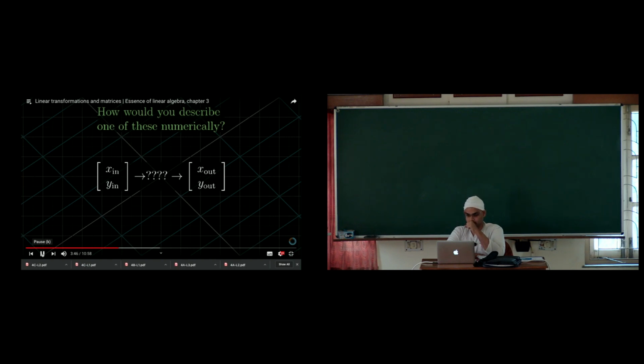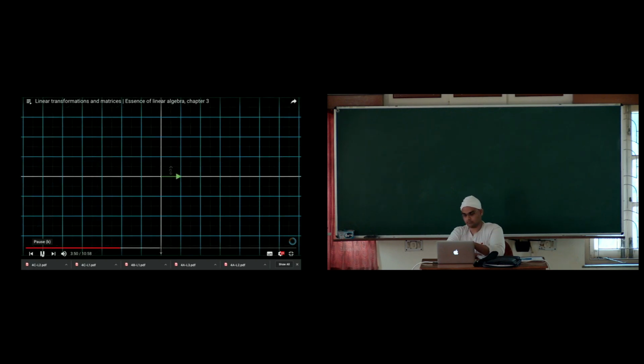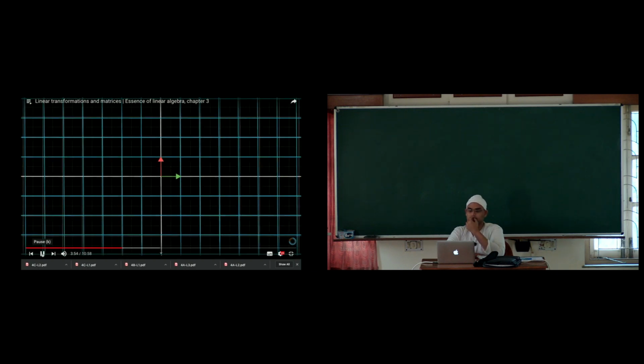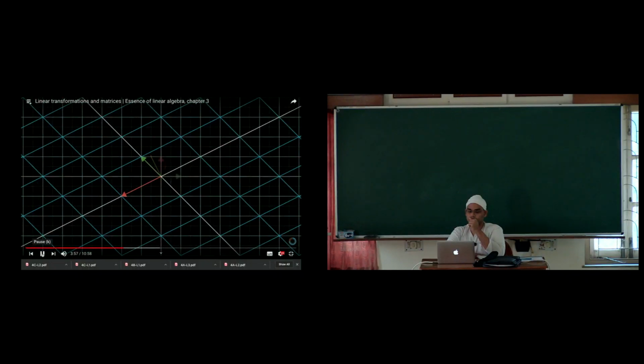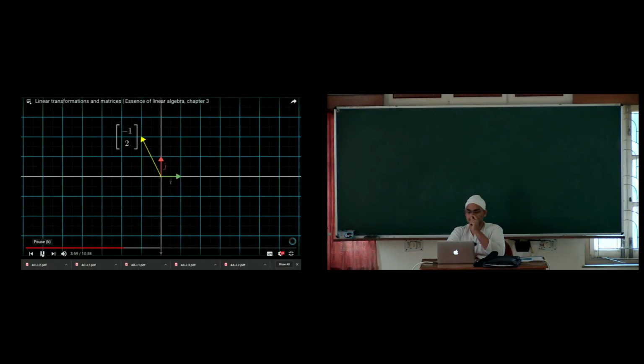It turns out that you only need to record where the 2 basis vectors, i hat and j hat, each land, and everything else will follow from that. For example, consider the vector v with coordinates -1, 2, meaning that it equals -1 times i hat plus 2 times j hat.